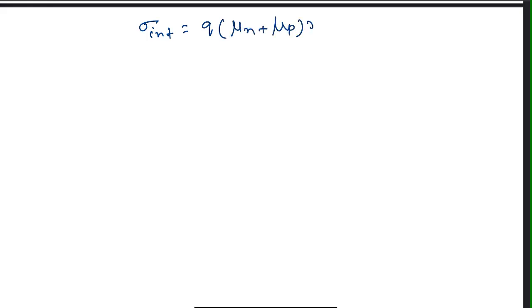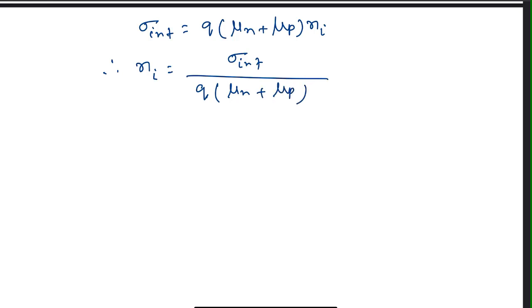Now I am going to solve the second part of the question. Sigma intrinsic is equal to Q into mu n plus mu p into ni, so ni can be written as sigma intrinsic divided by Q into mu n plus mu p.